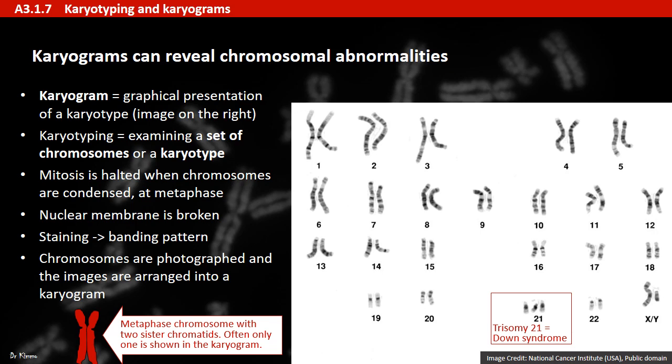This karyogram comes from a person who is male. You can see XY at the bottom right. If this person were female, then she would have 2 X chromosomes. So XY is male, XX is female.